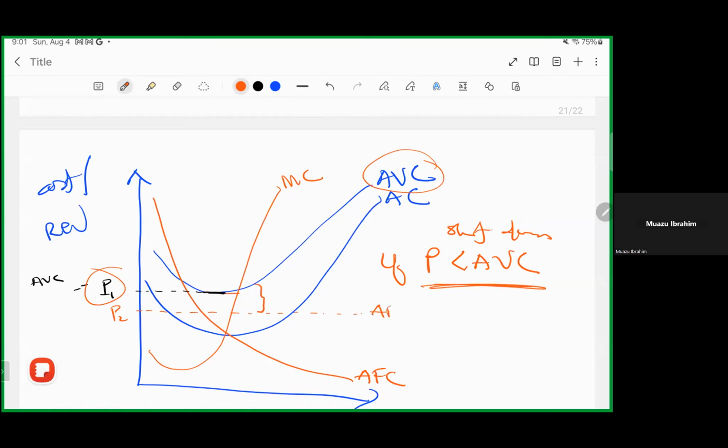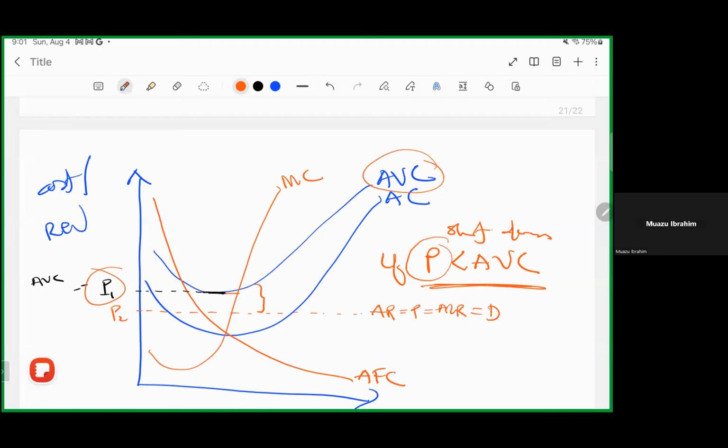Remember, the average revenue is the same thing as what? The price, which is the same thing as the marginal revenue, which is the same thing as your demand curve. So in this particular case, your price is not even able to cover the average variable costs.